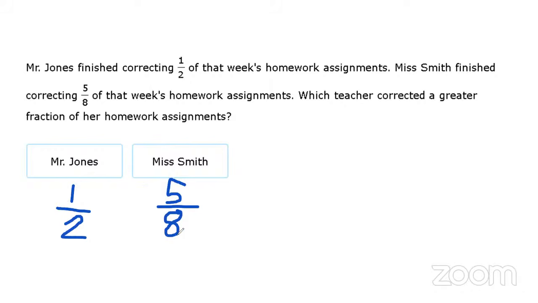In order to do that, we can do some cross multiplication: 8 divided by 2 is 4, so 4 times 1 is 4. So now we've got 4/8 for this one. We can think about it like that.